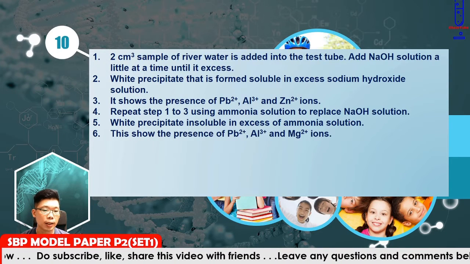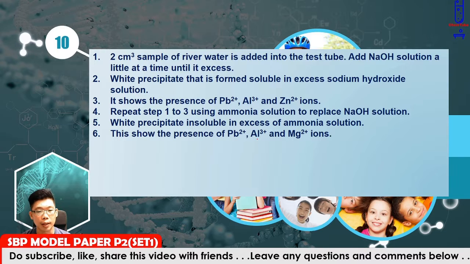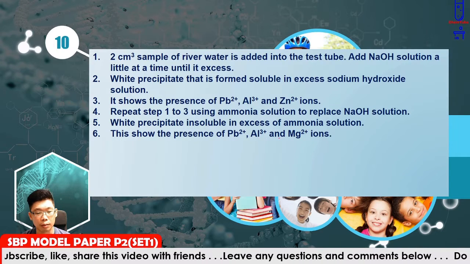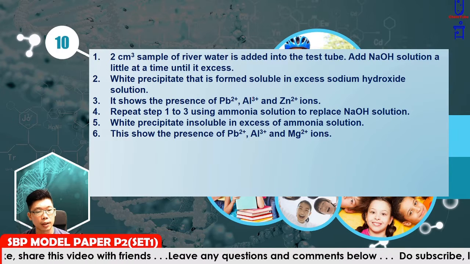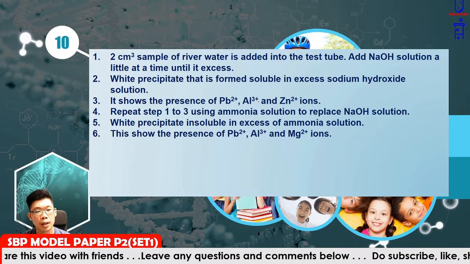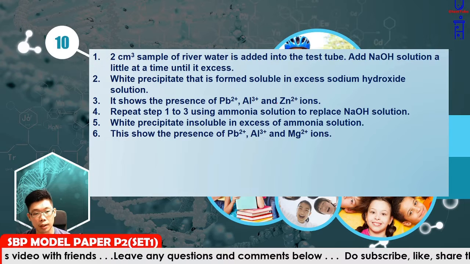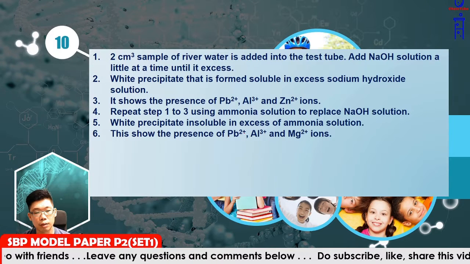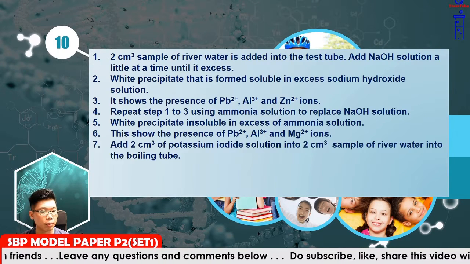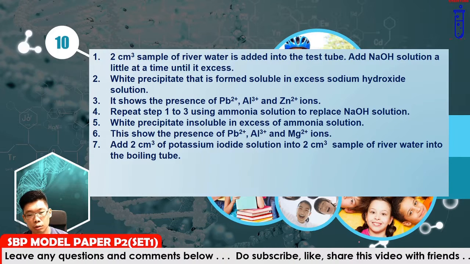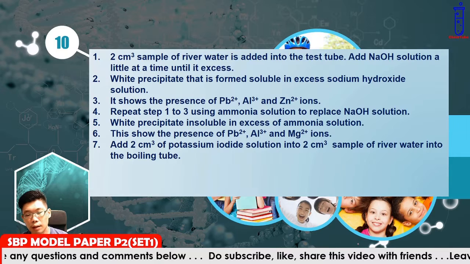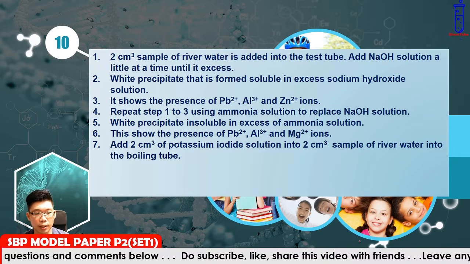So the possible ions can be lead, magnesium, and aluminium. Magnesium can be eliminated because it is not present in step 3 here. So we just need to differentiate lead and aluminium. Add 2 cubic centimeters of potassium iodide solution into 2 cubic centimeters of river water in a boiling tube.